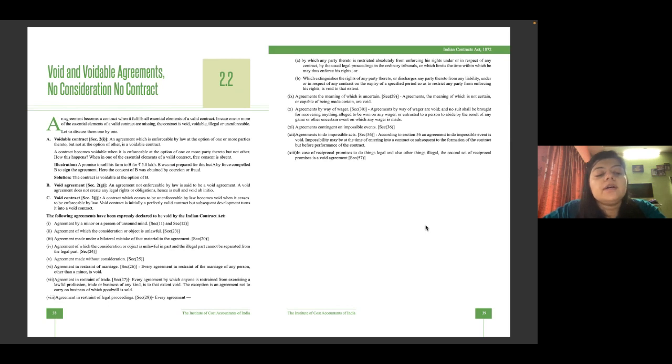So, what sort of agreements may be declared to be void? If we look at sections 11, 12, 20, 23, 24, 25, 26, even 27 and 28, they all talk about how the Indian Contract Act categorizes certain agreements as agreements which are or should be held to be void in all circumstances.